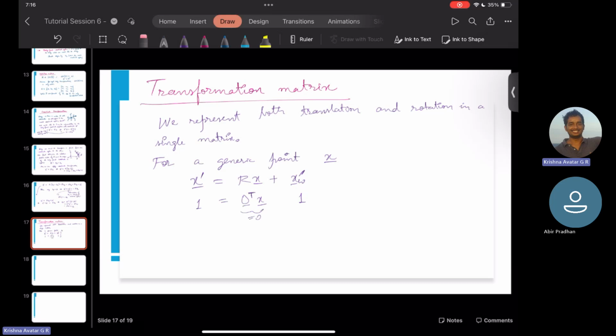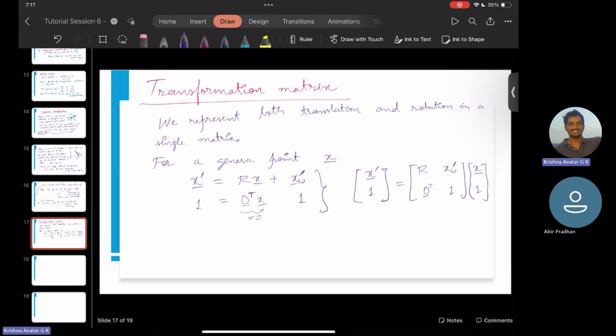We can combine both of these to give us a nice looking transformation: x prime, 1 is equal to R, xw prime, 0 transpose, 1, and then x vector, 1.